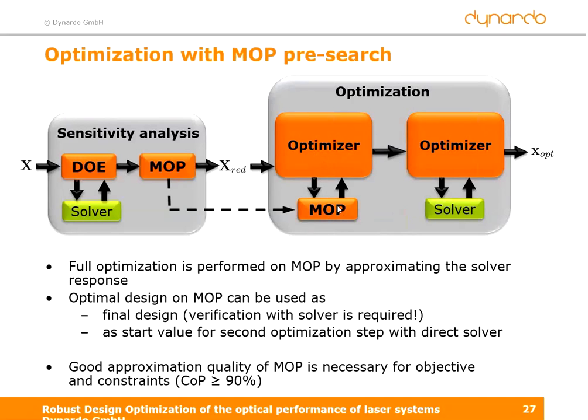For this optimization, you can use in the first step a metamodel, this Metamodel of Optimal Prognosis. Usually you would do only the second step, this optimization based on the solver, like VirtualLab. But this is a unique feature of optiSLang, that you can pre-optimize your system with this metamodel in case you have very long solver response times. And then this will save you a lot of time.